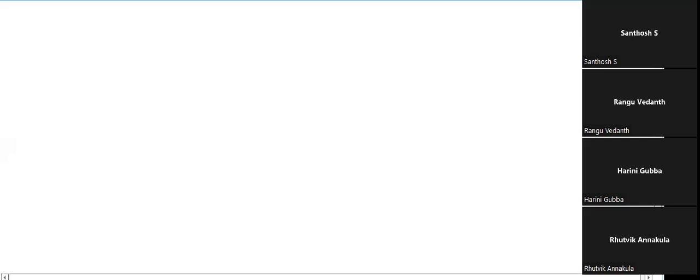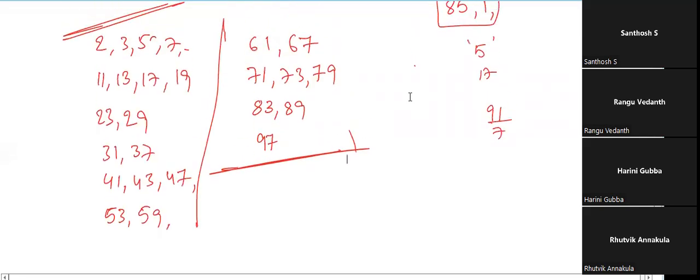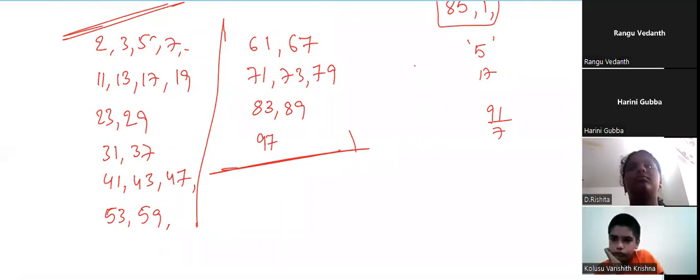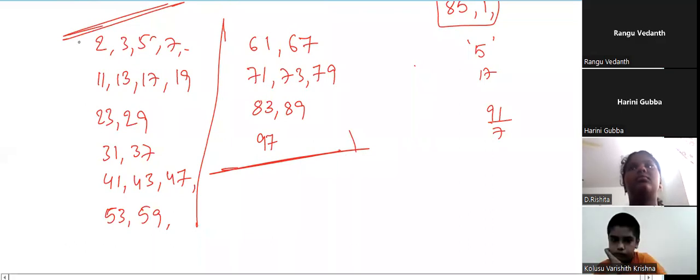And in which group are there a large number of prime numbers? Sir, there are two groups: the first and the second. Here we have written in 10-number segments, right?